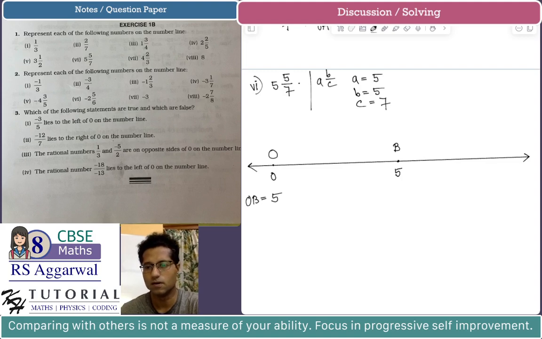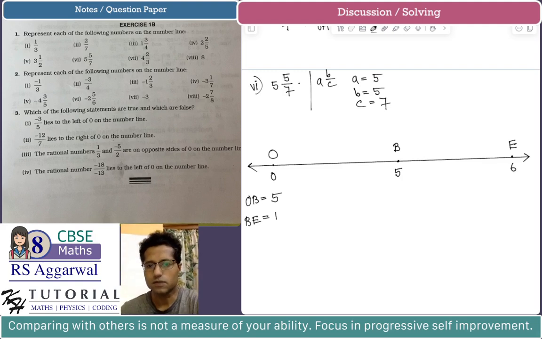So we have to do 7 equal divisions of BE, where BE is 1. That is, E is at unit distance from B to the right hand side, so E will represent the integer 5 plus 1, that is 6.